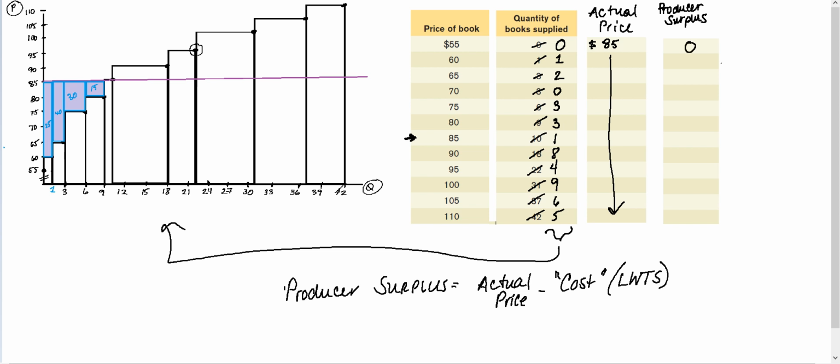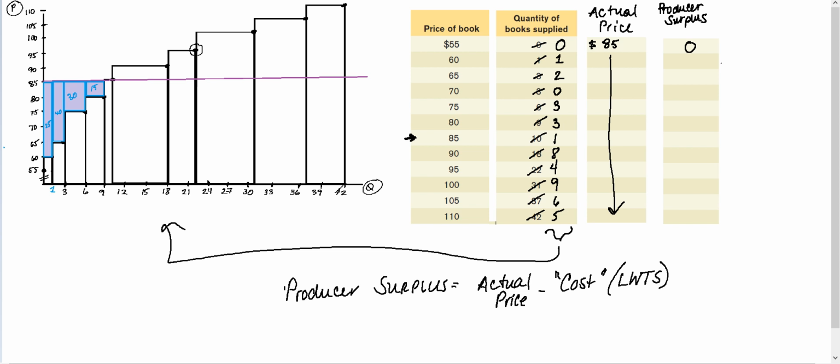Okay, moving down the line, we do actually have one seller who has entered the market willing to sell their book at $60. And they were pleasantly surprised when they were able to sell their book actually for $85. For that seller, and there was only one, the market generated a producer surplus of $25.